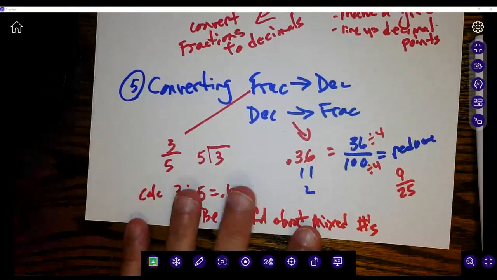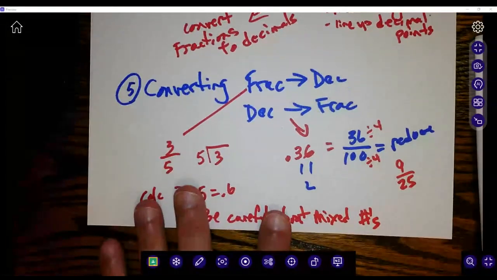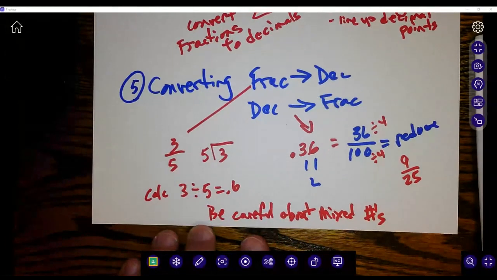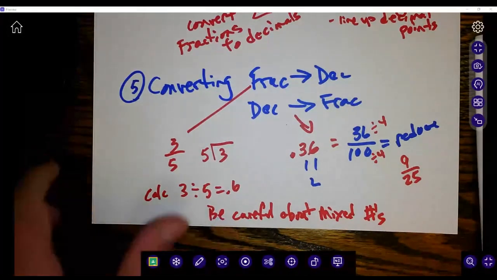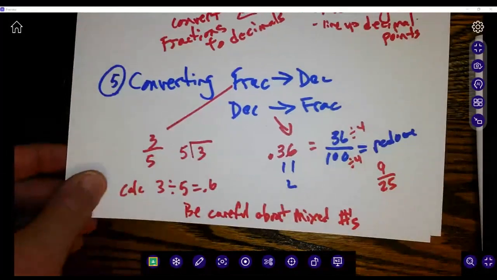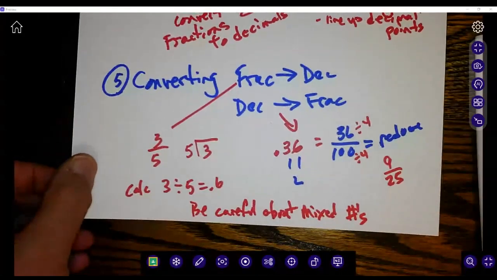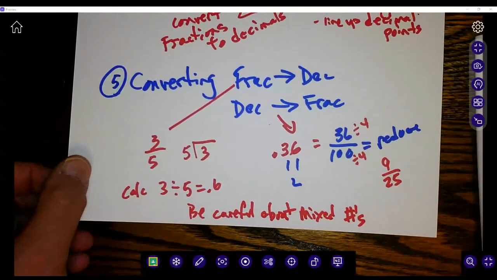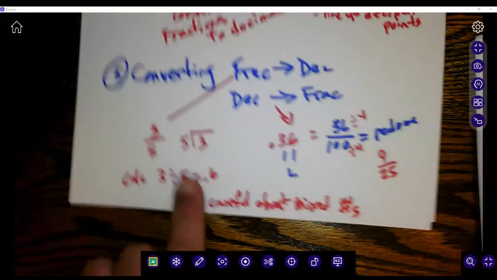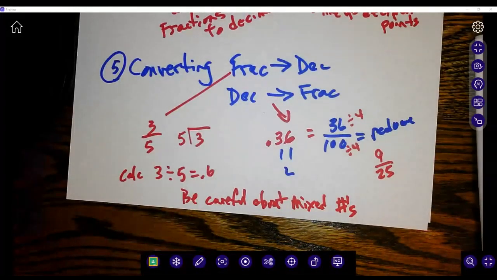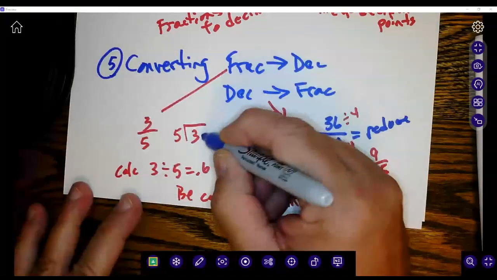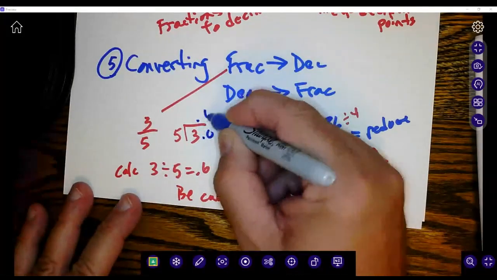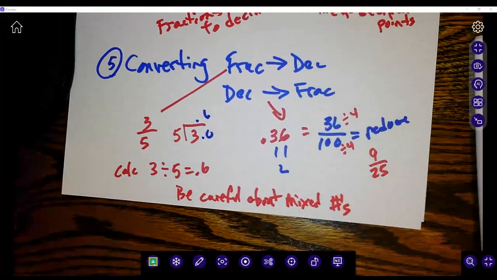I'm assuming that on the GED, more than likely, if you don't have a calculator, I would imagine the numbers will be small. They would not be huge, giant numbers that you couldn't easily do the division or the reducing or whatever. This would be easy to do because you would be doing 5 into 30, and that goes 6 times.